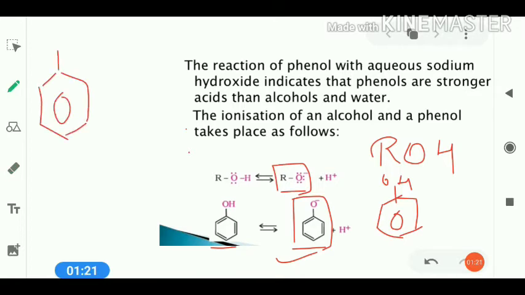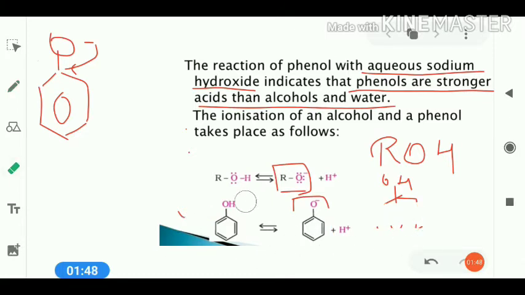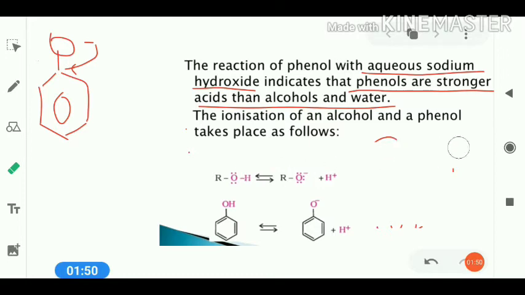So due to the resonance it gets stabilized, and due to more stability the acidic nature of phenol is more as compared to the alcohol, and we can prove it by the reaction of aqueous sodium hydroxide, which indicates phenols are stronger acids than alcohol and water. I hope when a question is asked about the acidic nature of alcohol and phenol, it is clear to all of you.